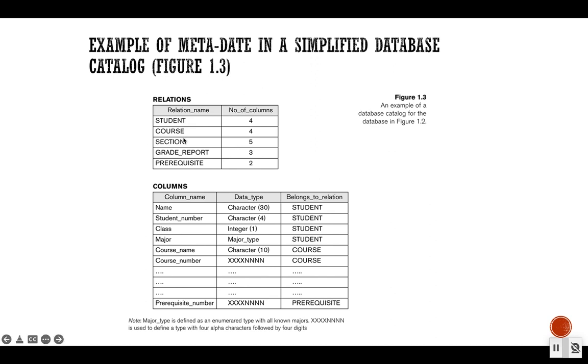Student was the list of students, but what is the information of the student table or relation? The relation name was student and the number of columns was 4. This information is known as metadata, meaning the data about the data.